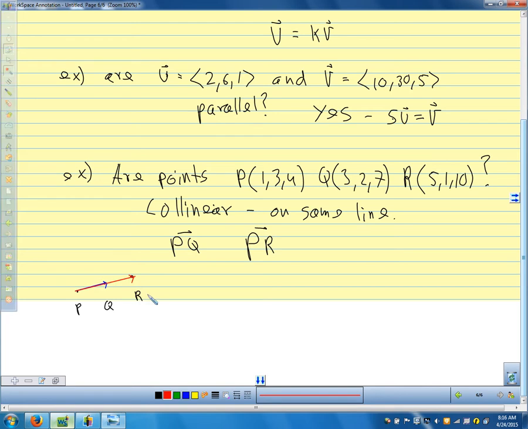So basically, we're saying they're parallel. So we find the component form of PQ and the component form of PR and see if they're parallel.